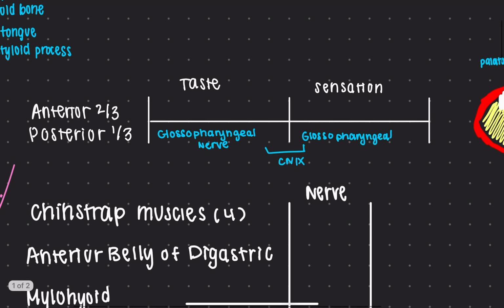In the anterior 2/3, you have taste being provided by the chorda tympani of cranial nerve 7, which is the facial, and you have general sensation being provided by the lingual nerve of the mandibular branch of cranial nerve 5.